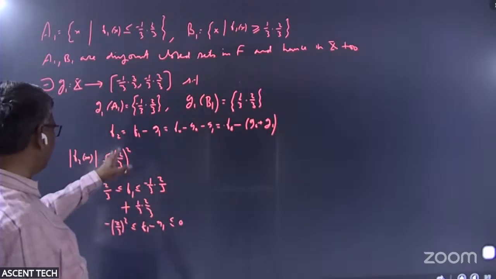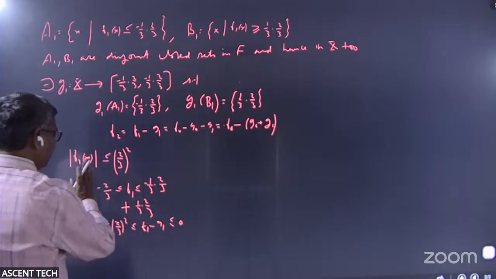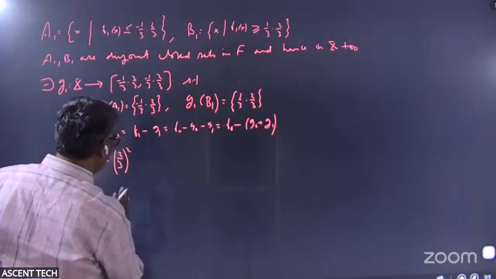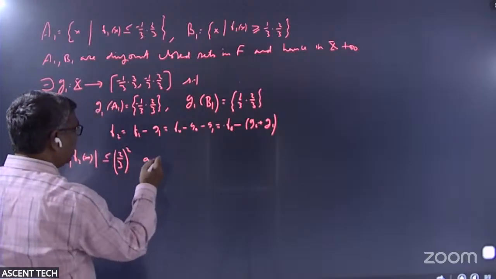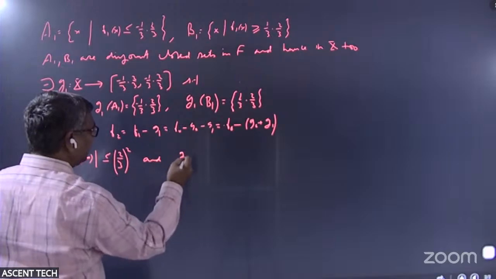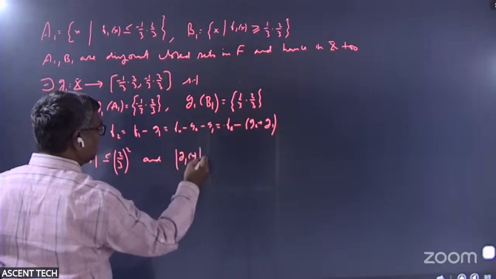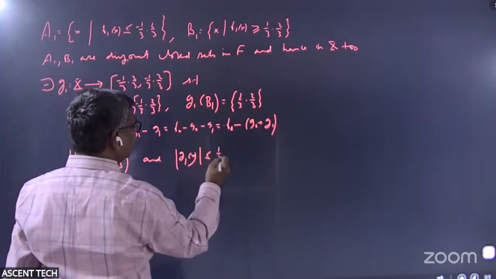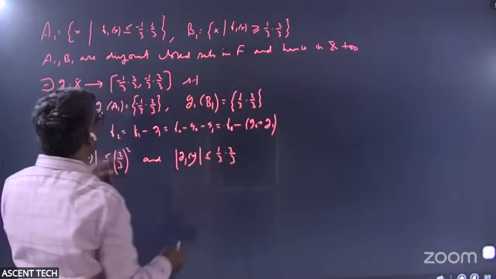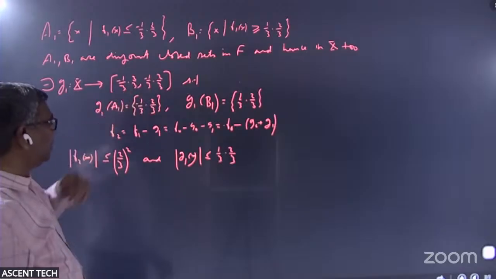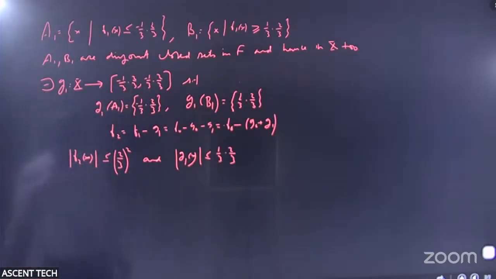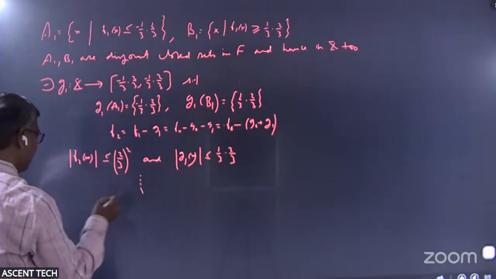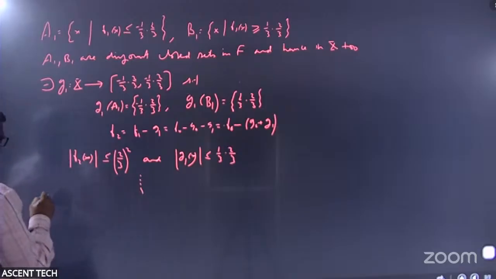Similarly, you can prove that the absolute value of F2x is less than or equal to 2/3 whole square. And already G1x is less than or equal to 1/3 into 2/3, that was how we did it. So you continue this process.